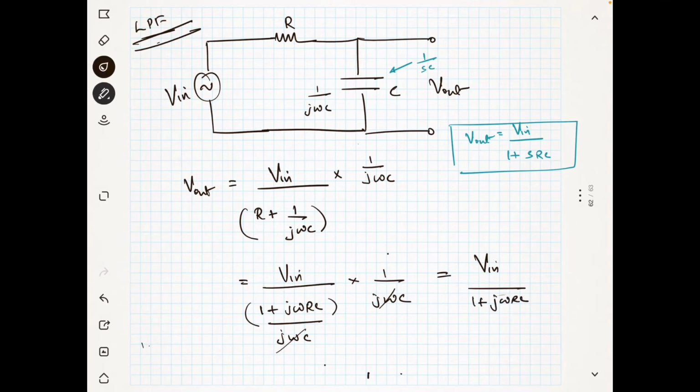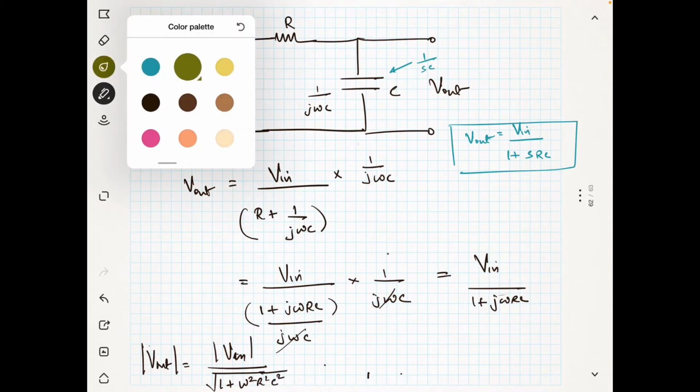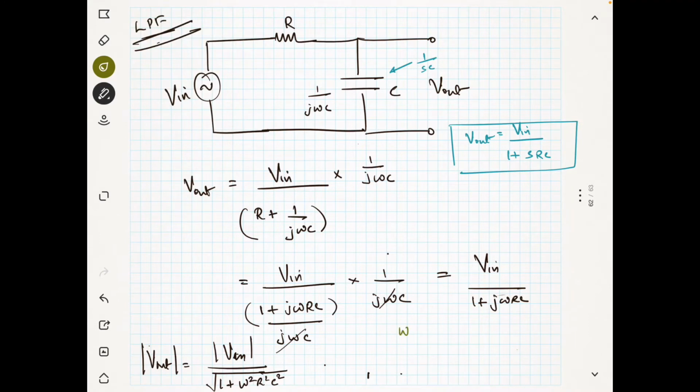The magnitude of V out is equal to the magnitude of V in divided by the square root of 1 plus omega square R square C square. Now you see what is happening here when omega is equal to 0. When omega equals 0, you will get V out equal to V in.